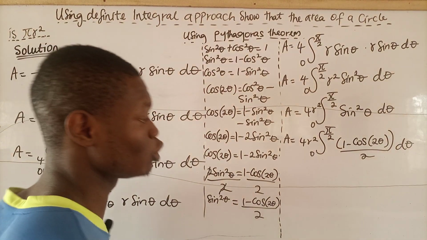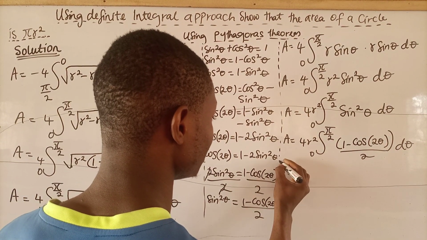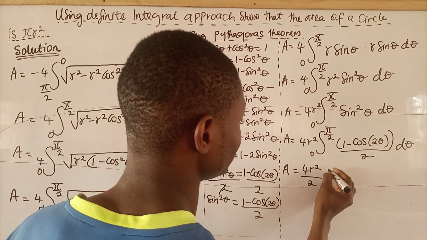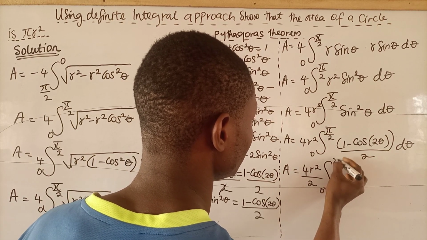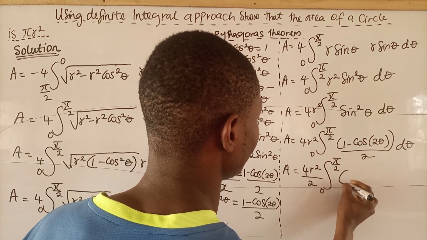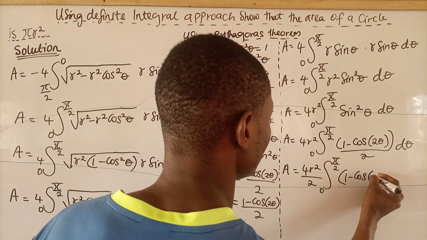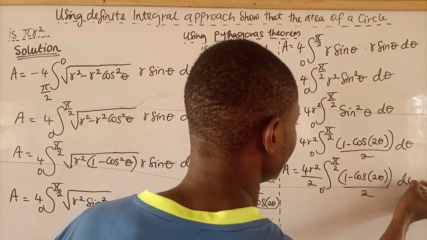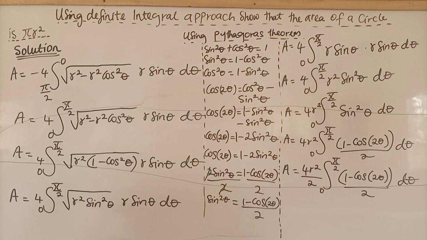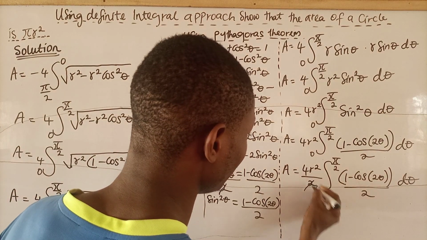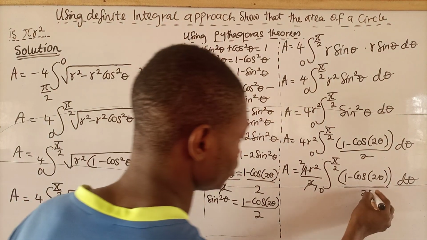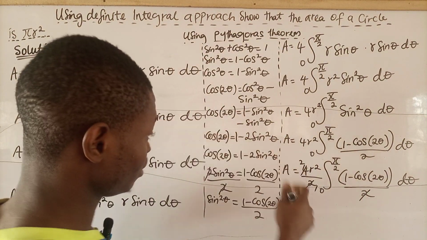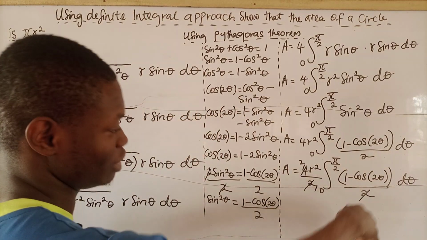So we are going to keep these two constants again. So we are going to have area is equal to 4r squared divided by 2 integral from 0 to pi all over 2 of bracket 1 minus cos 2 theta all over 2 d theta. We multiply both sides, so these two will go.